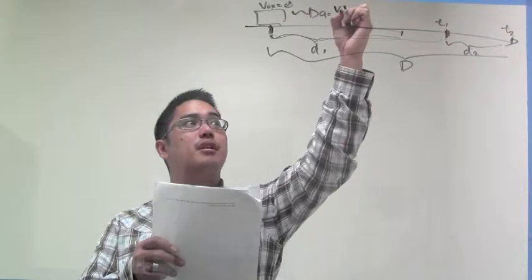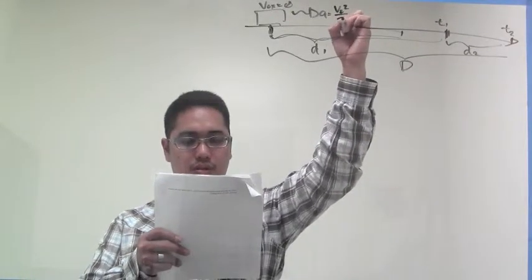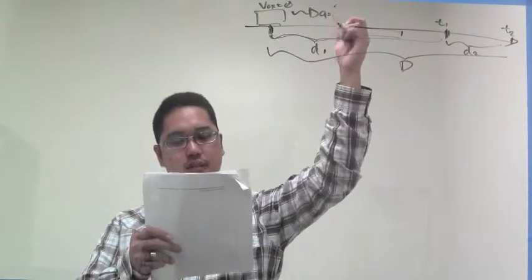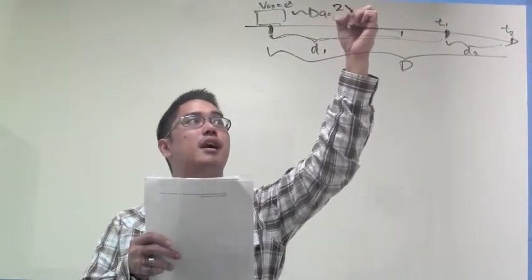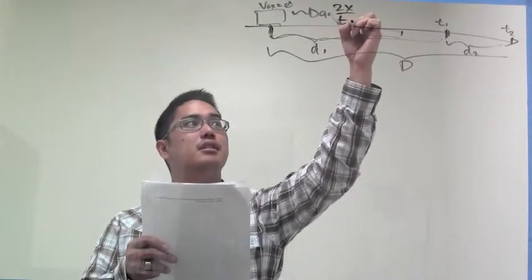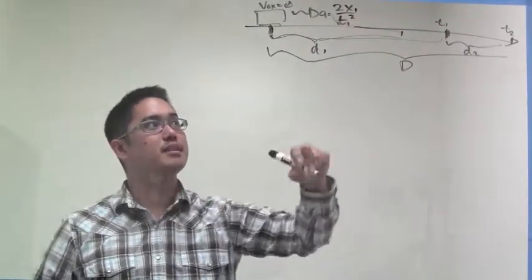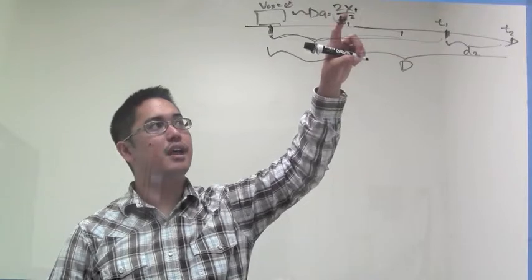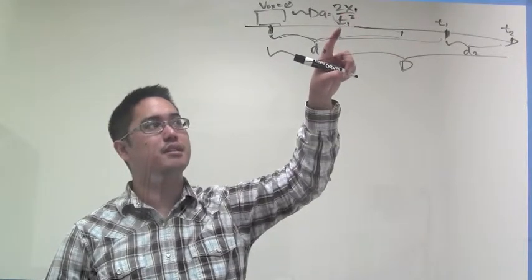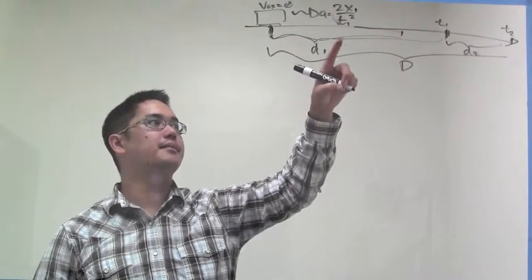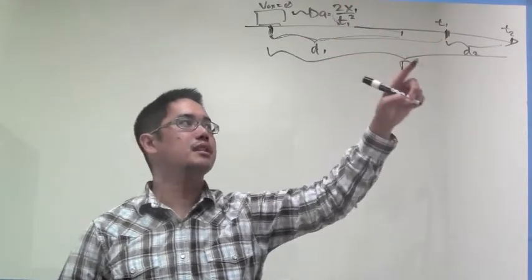V final squared over 2, no, let's use this one instead. 2x over t squared. Now I'm going to put a little subscript 1 on these because this tells me this is the x from the first part of the problem. This tells me the time from the first part of the problem. Oops, those times aren't the same.